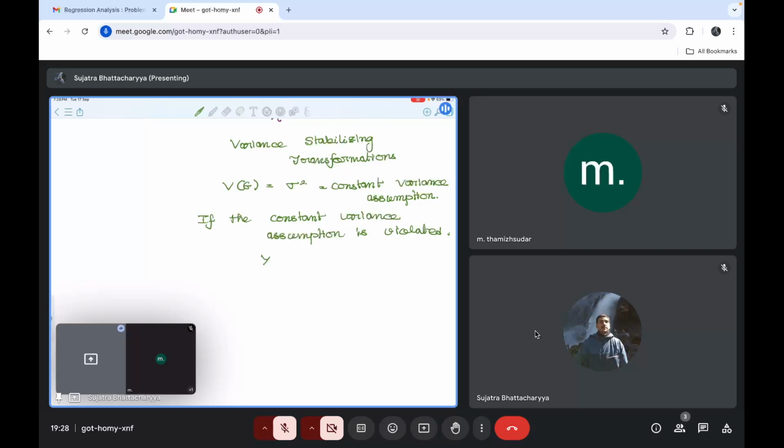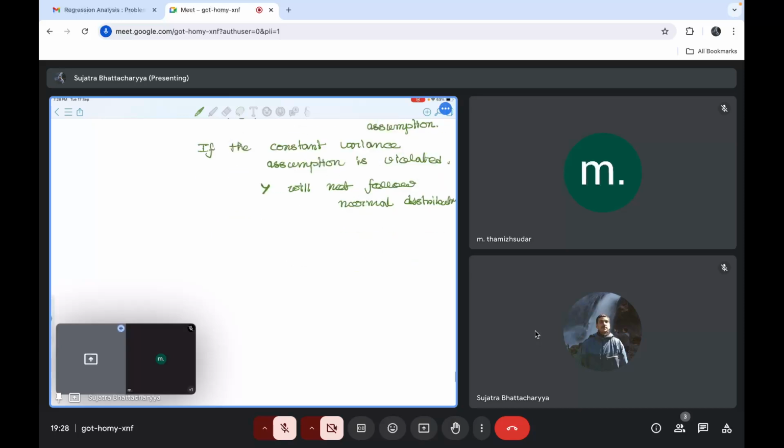the response variable y will not follow a normal distribution. So this is the problem which occurs if the variance of epsilon is not equal to sigma square. Okay, so this is the problem, right? Now, what we can do is, we have some examples.